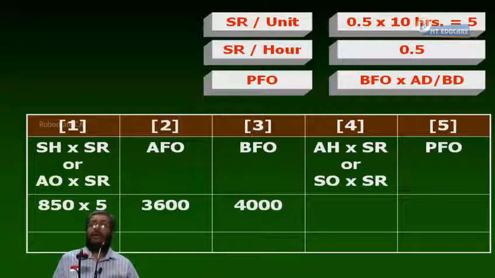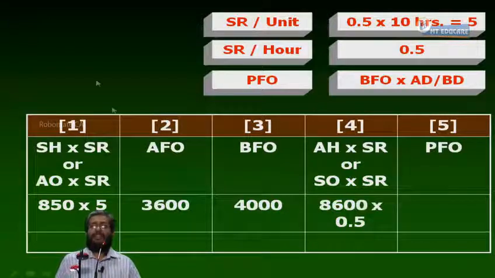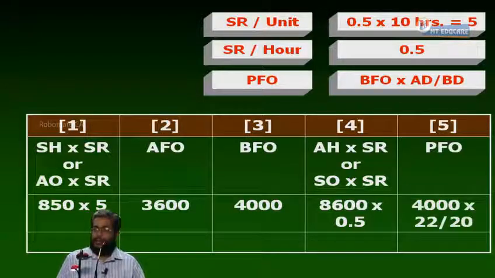What actual hours given? 8,600. 8,600 into 0.5. Now, BFO is 4,000. Look at your notebook here. Column 3, 8,000 into 0.5 is what? 4,000. What is PFO? 4,000 into 22 by 20.